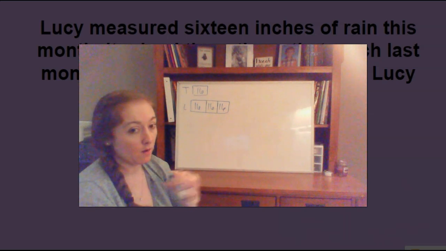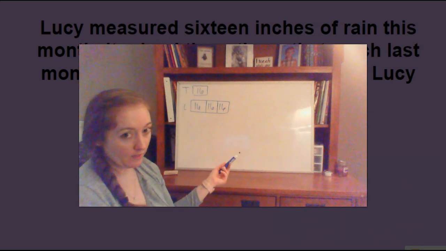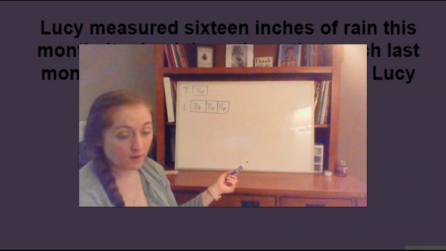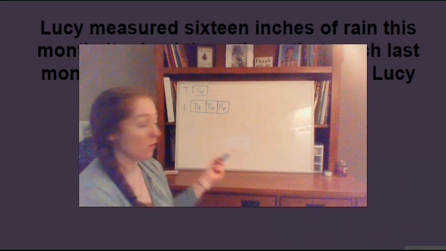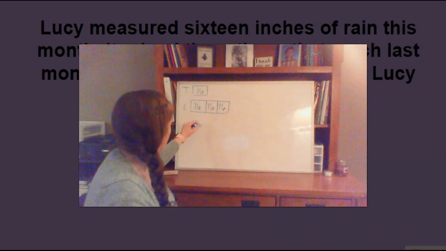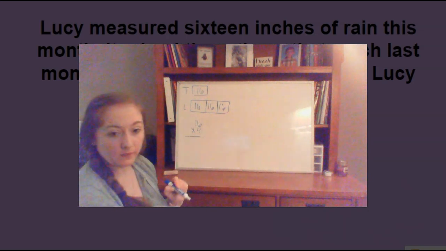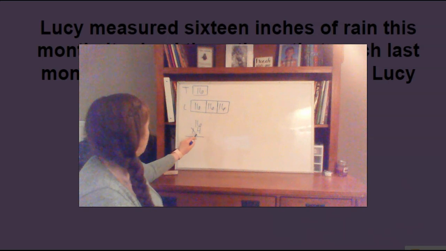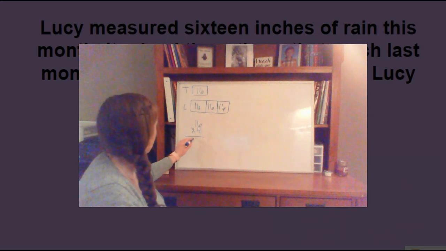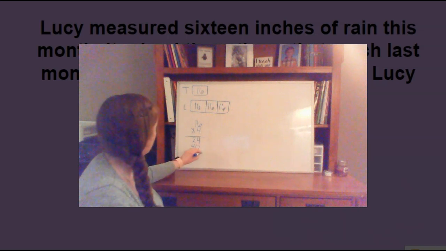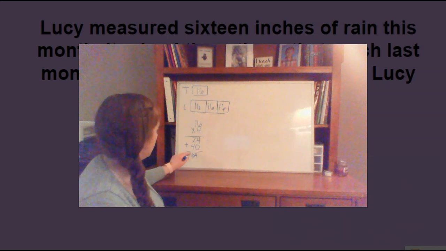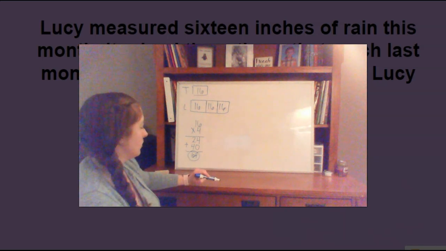So, now, how many boxes of 16 do you see? There are 4. So I'm going to do 16 times 4, because they want to know all together. Okay, here we go. 4 times 6 is 24. 4 times 10 is 40. Add it together, and I get 64. So this 64 is 64 inches, is what she measured.